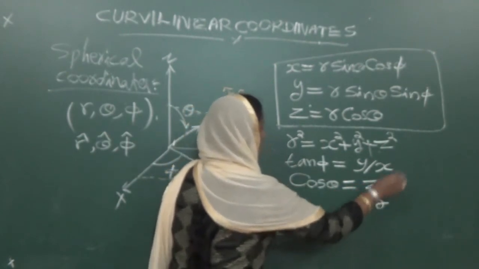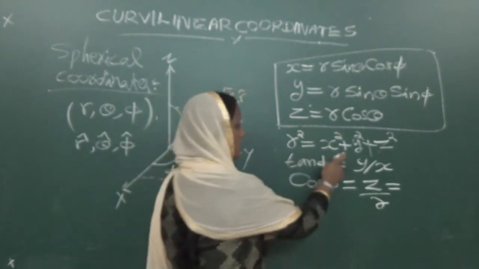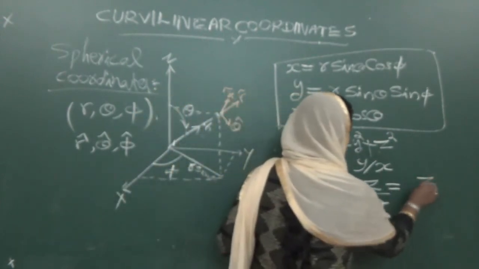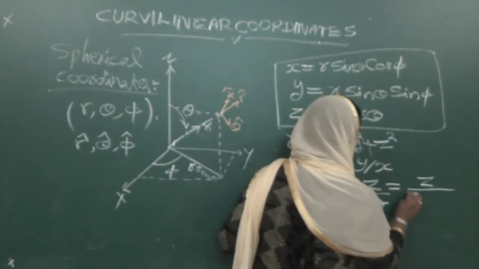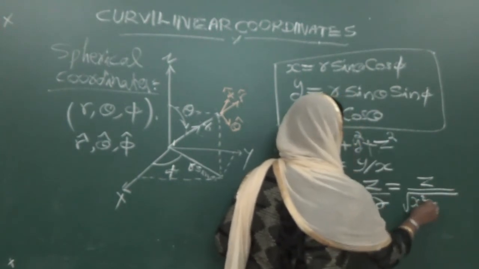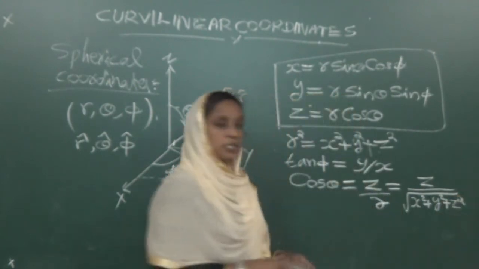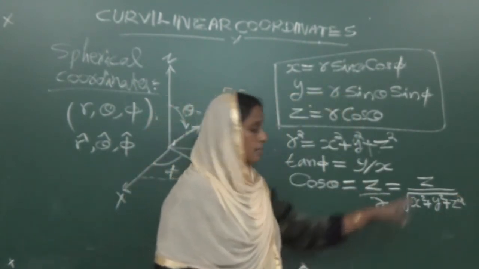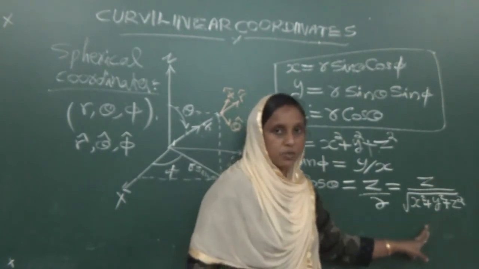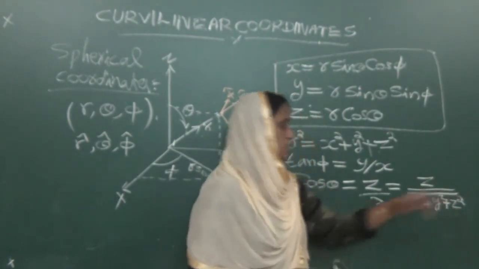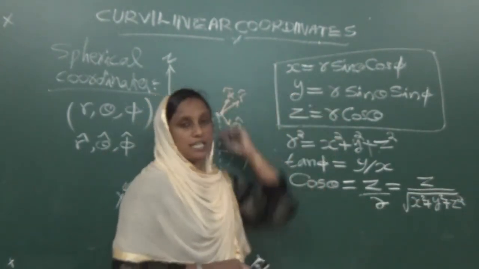What is z by r? r is given by this expression. So cos theta equal to z by root of x square plus y square plus z square. These are the inverse relationships.